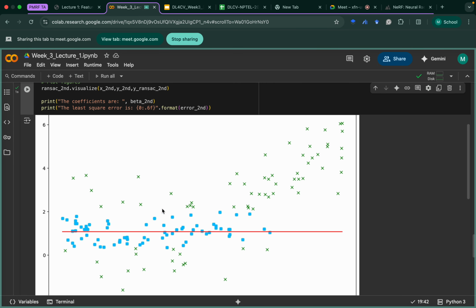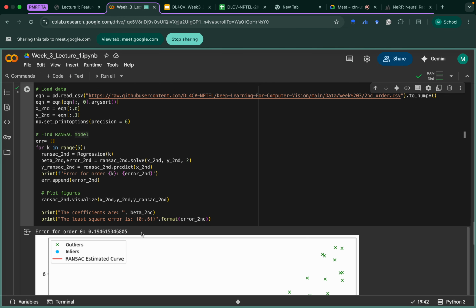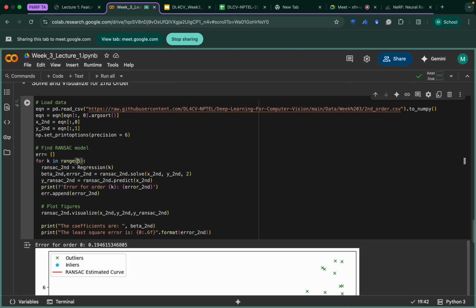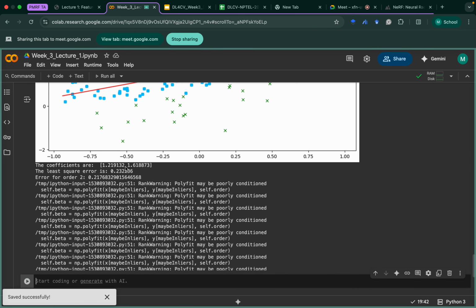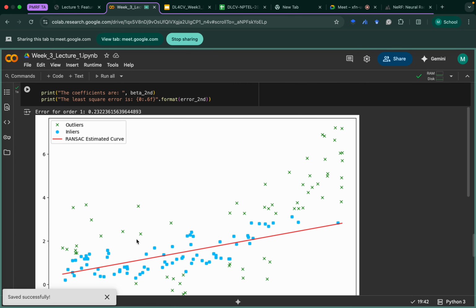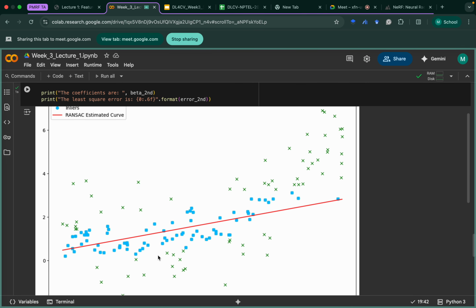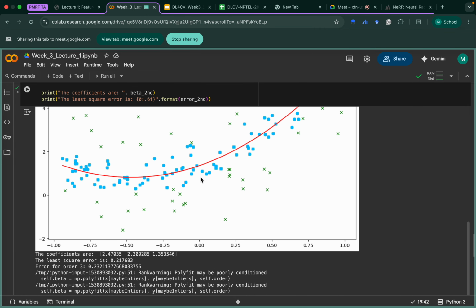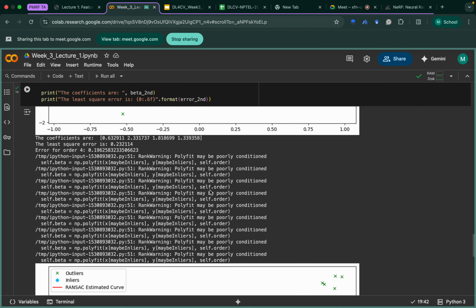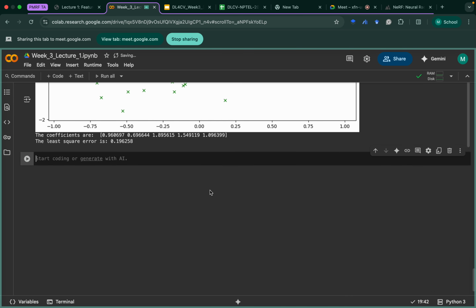Oh no, it starts from 0. Should have started from 1. So this is a line. This is how a second order curve is, third order, fourth order.